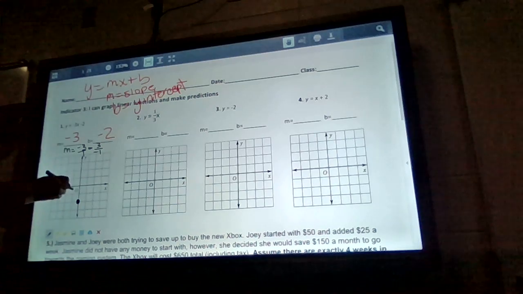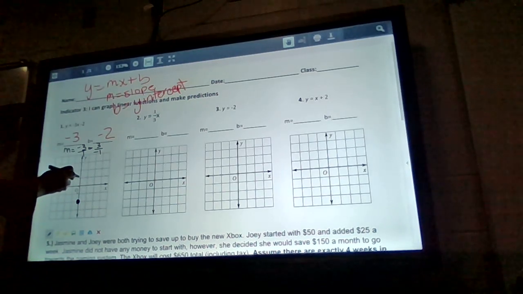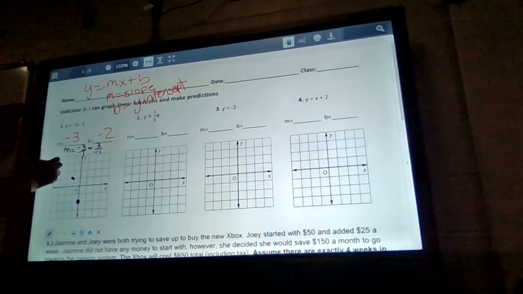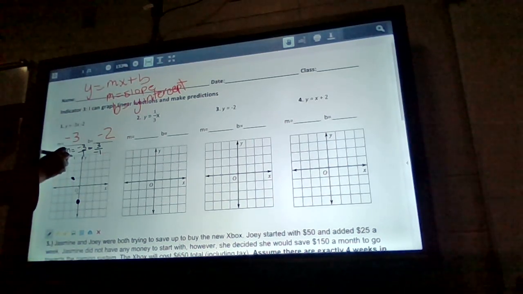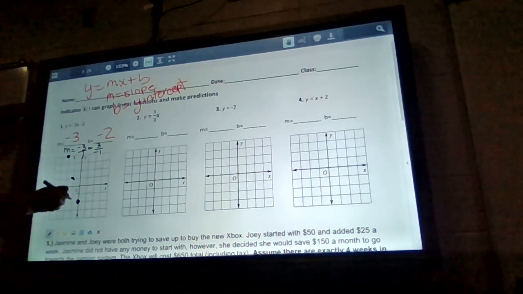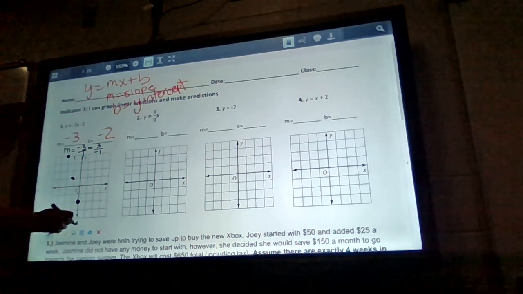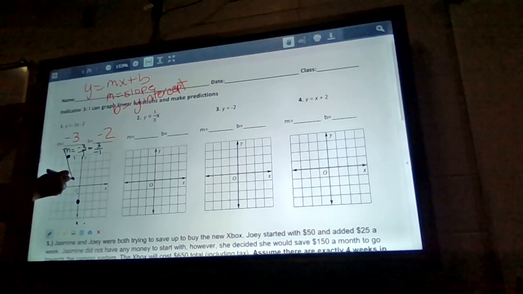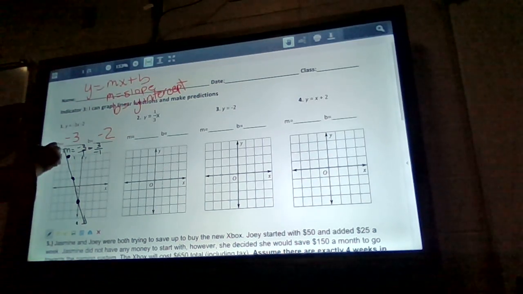Because you just look at your numbers. So 1, 2, 3, and then back 1. So I have a negative slope. That is a negative slope. And we do another line. And see this, if I went down 3 and over 1, it would still be on that same line. And there's my line.